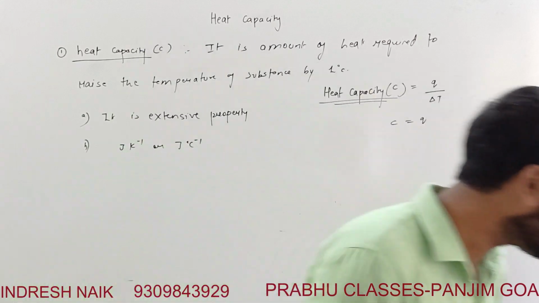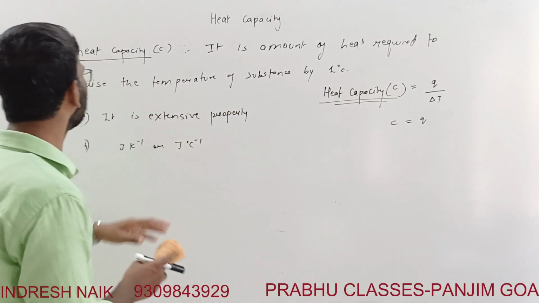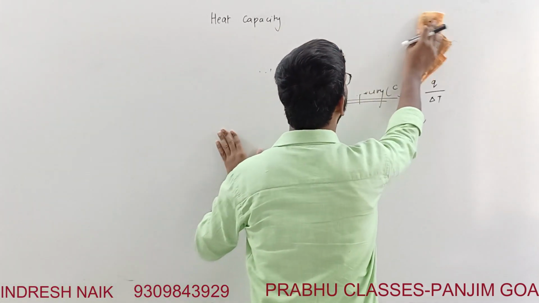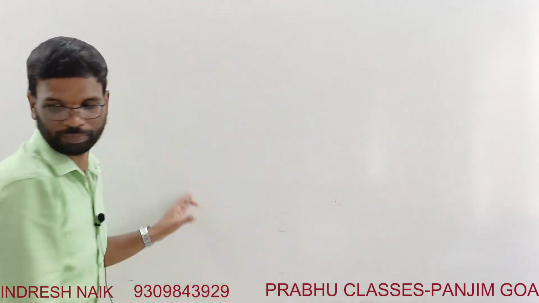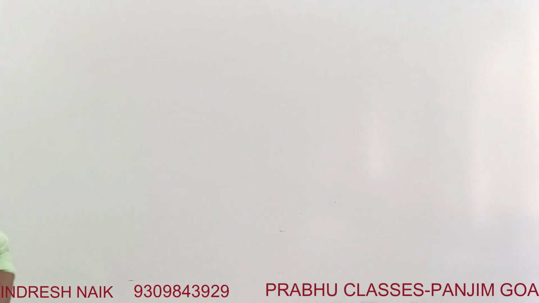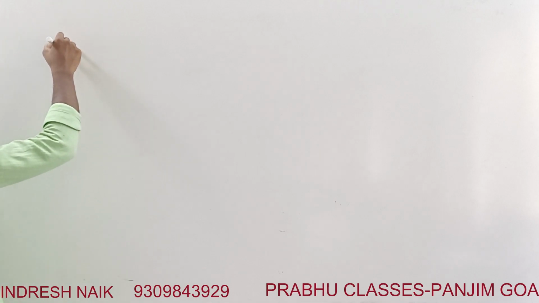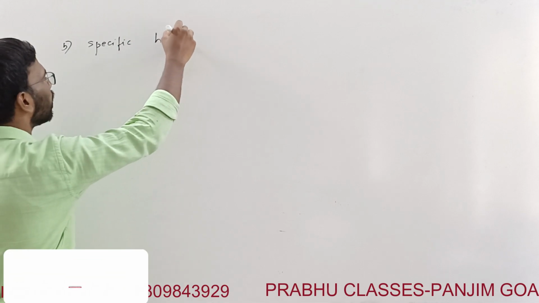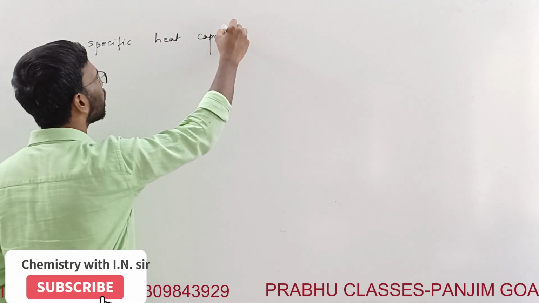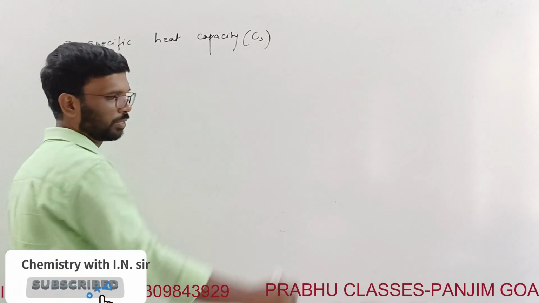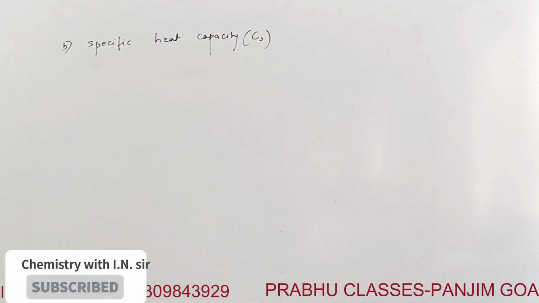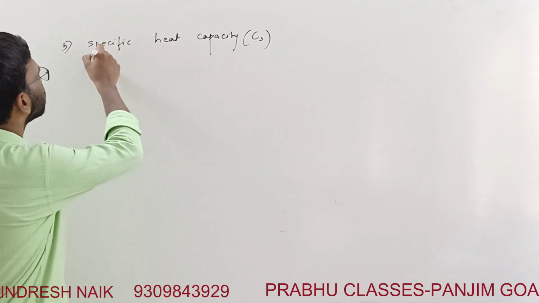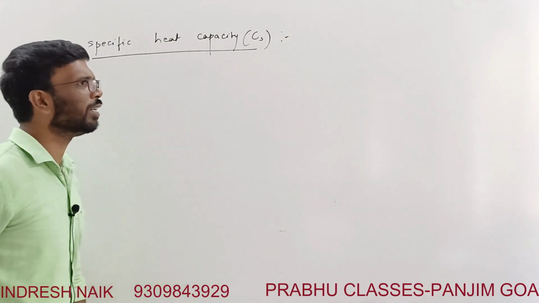Now coming to the next quantity. This is done, heat capacity. The next quantity is specific heat capacity. Specific heat capacity, it is written Cs. How is it defined?